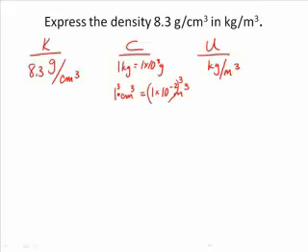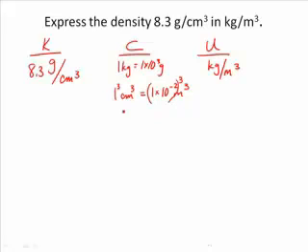Okay, this is just in dealing with your conversion factors. So if I want to get a conversion factor between cubic centimeters and cubic meters, I can set it up with the regular relationship between centimeters and meters and then cube those values.